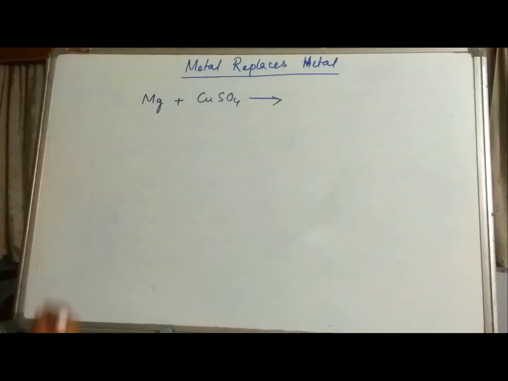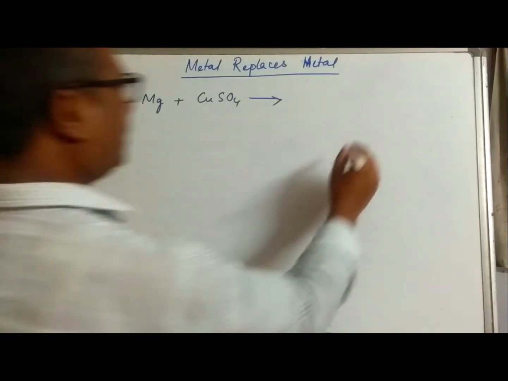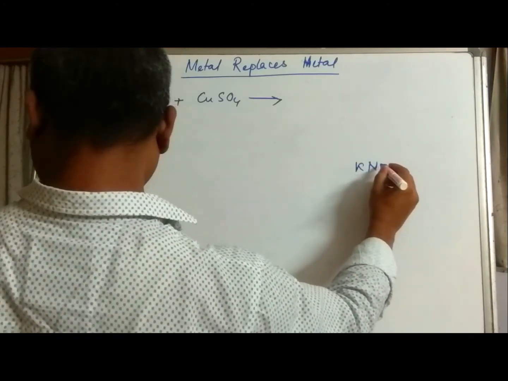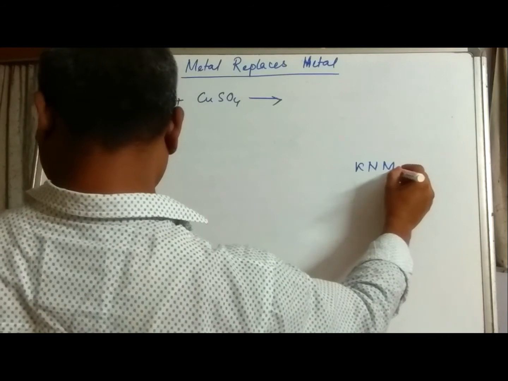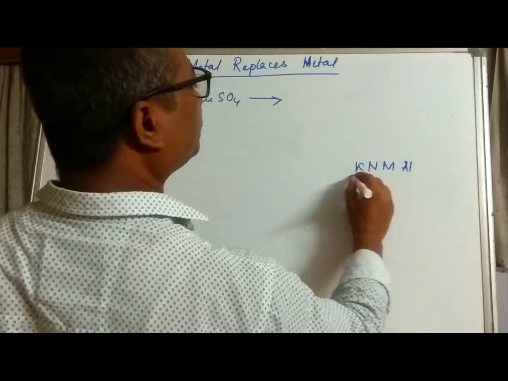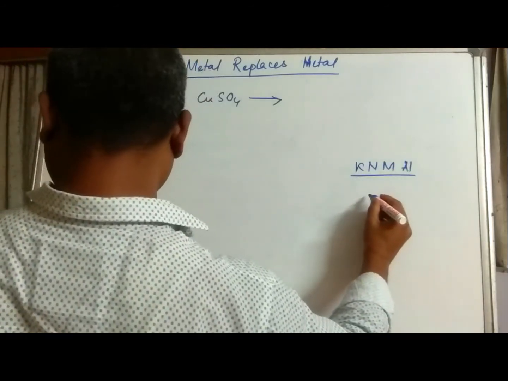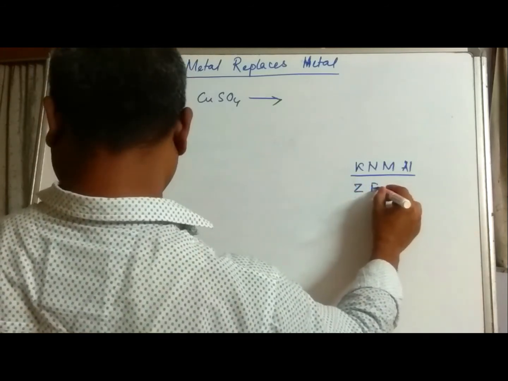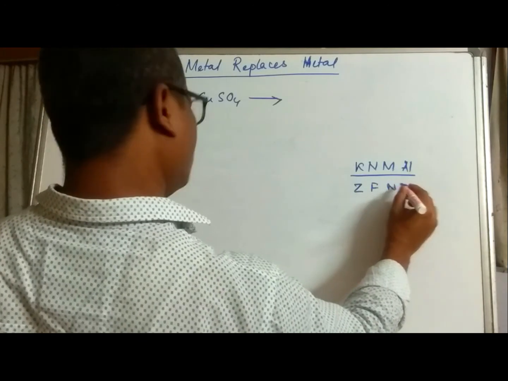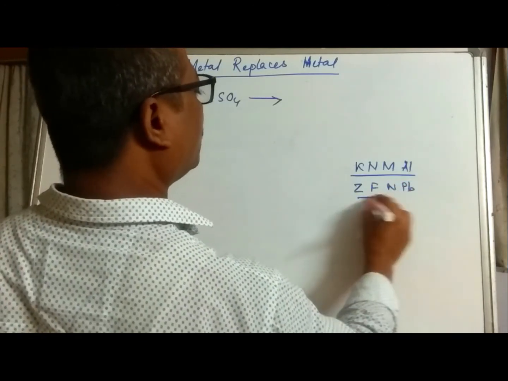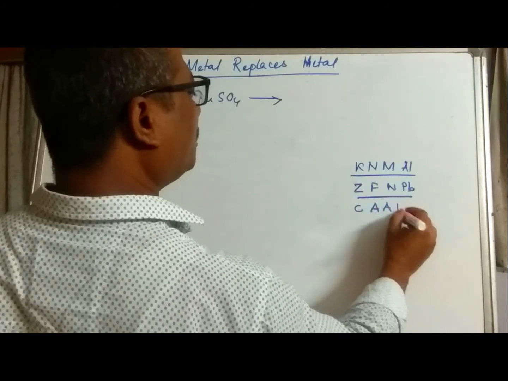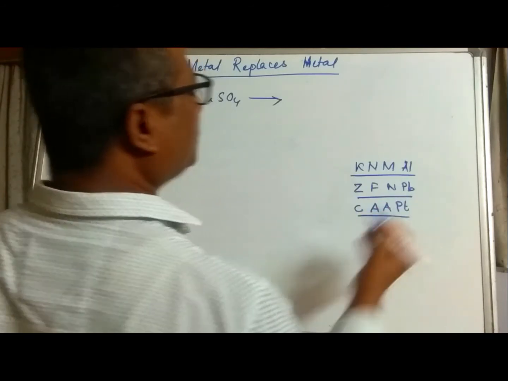from the reactivity series of metals, you remember that K, potassium, sodium, magnesium, aluminium, then zinc, iron, nickel, lead, after copper, silver, gold, platinum. This was the series.